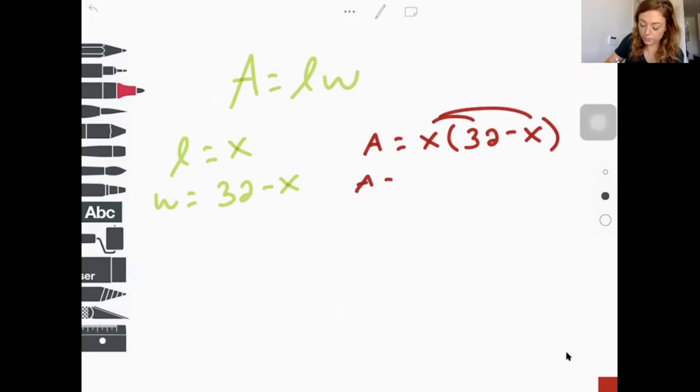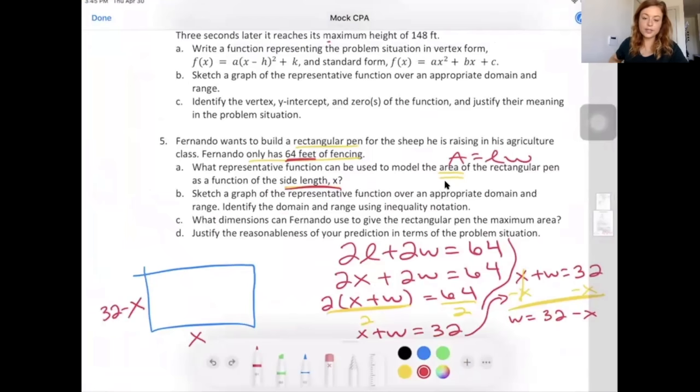So I have A equals 32x minus x squared. So my representative function would be 32x minus x squared. It says what representative function can be used to model the area? That would be our representative function.